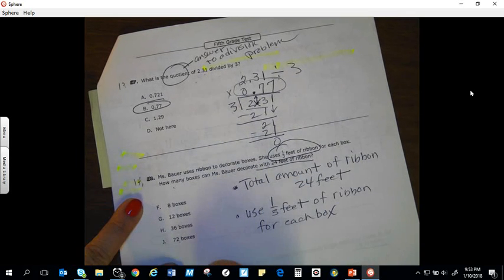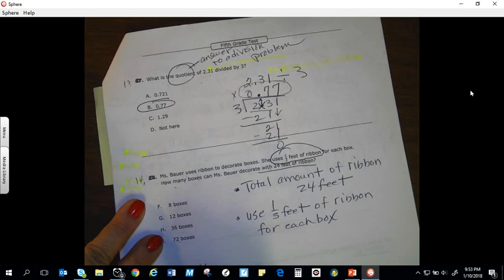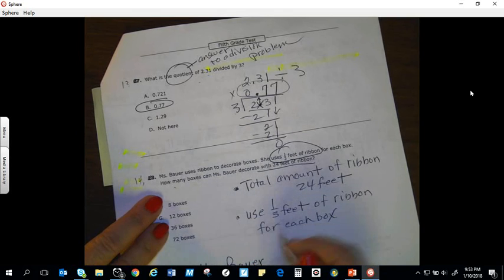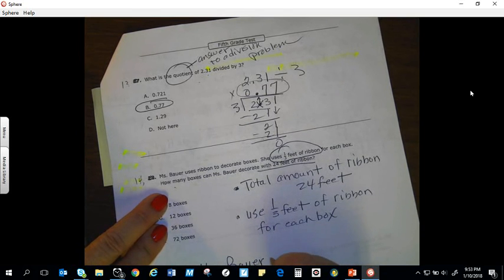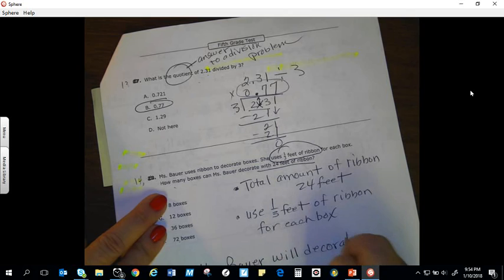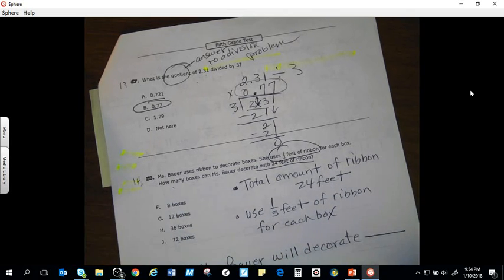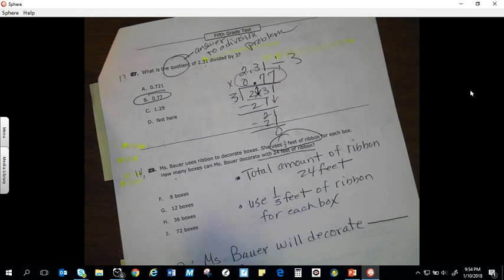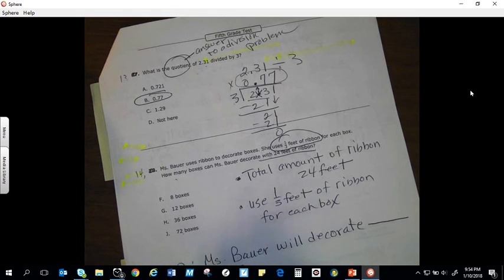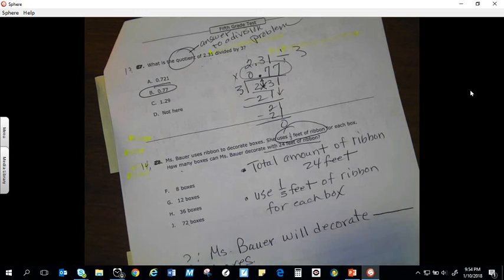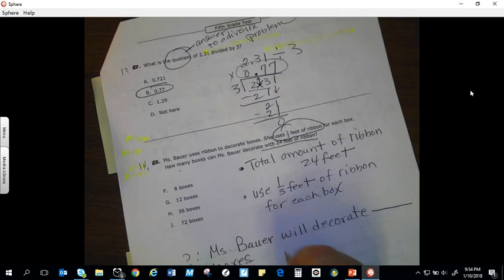And I need to find, so my question is, Mrs. Bauer will decorate blank boxes. Okay? Since it's my total, I'm going to have my 24 divided by 1/3. So I can draw out 24 boxes.